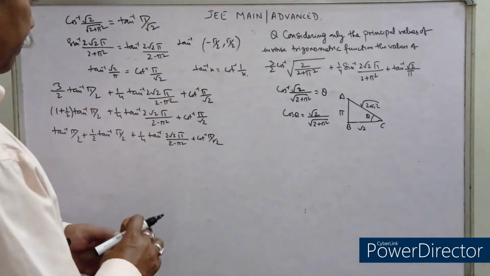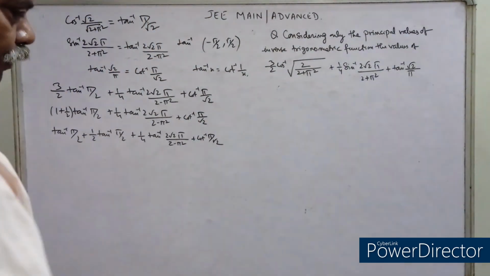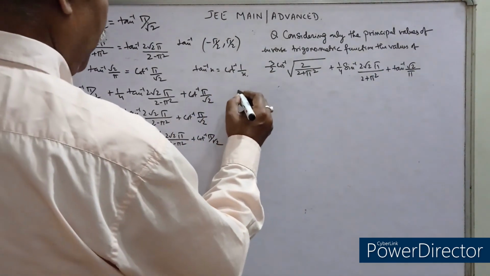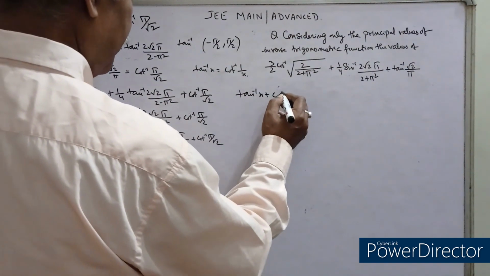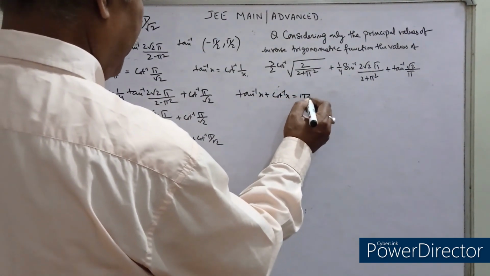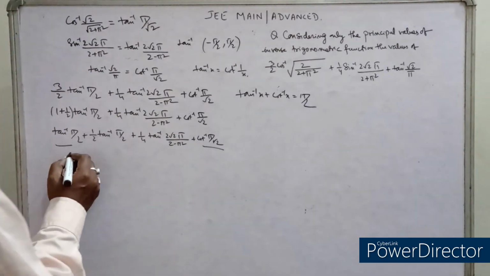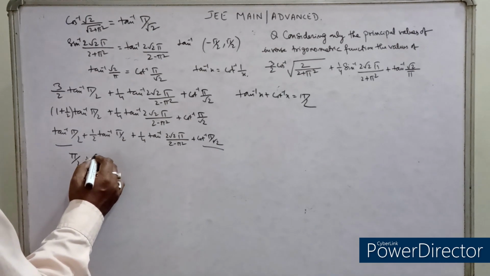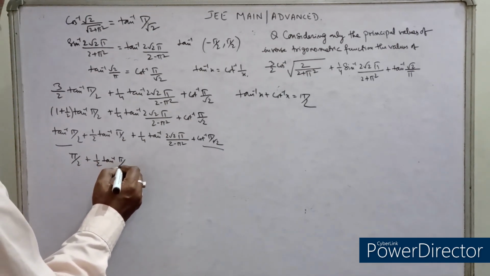So now here we see that there is a formula: tan inverse x plus cot inverse x is equal to pi by 2. So this and this becomes pi by 2, plus 1 by 2 tan inverse pi by 2.